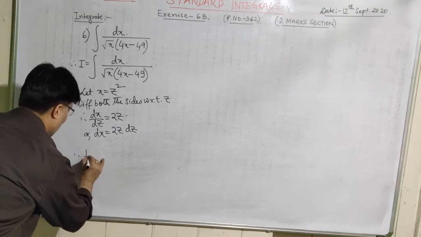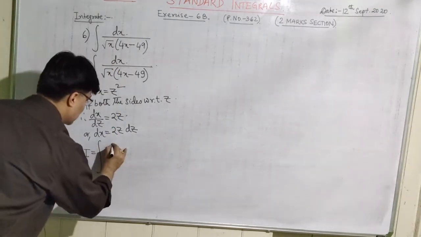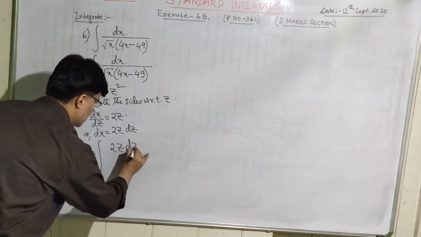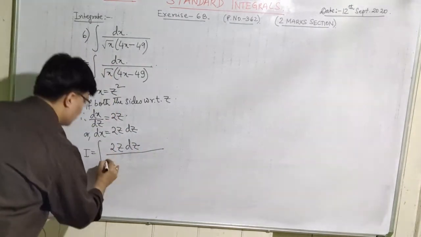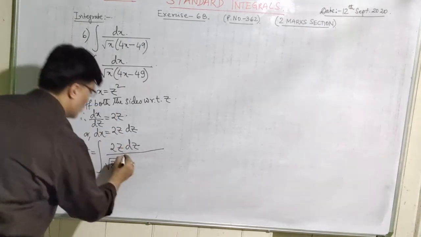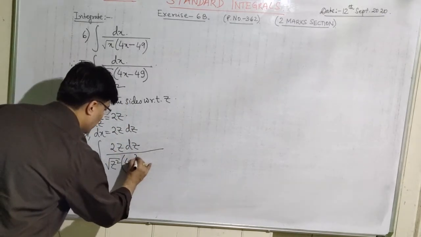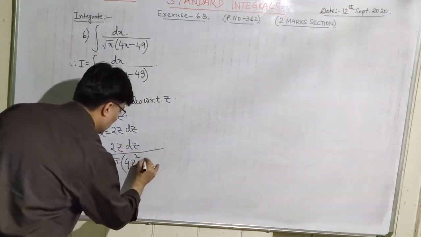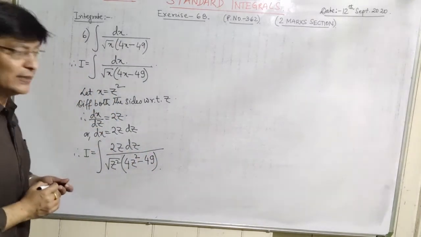So therefore I is equal to integration of, what is dx, 2z dz, it is 2z dz divided by root over z square, within bracket 4, and what is x here, it is z square, minus 49.